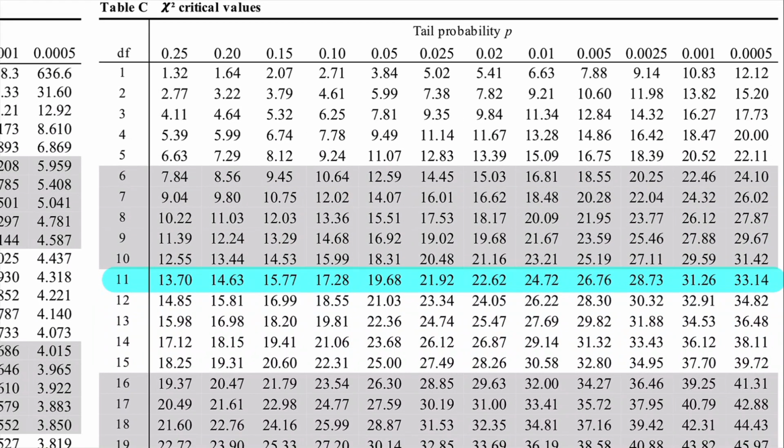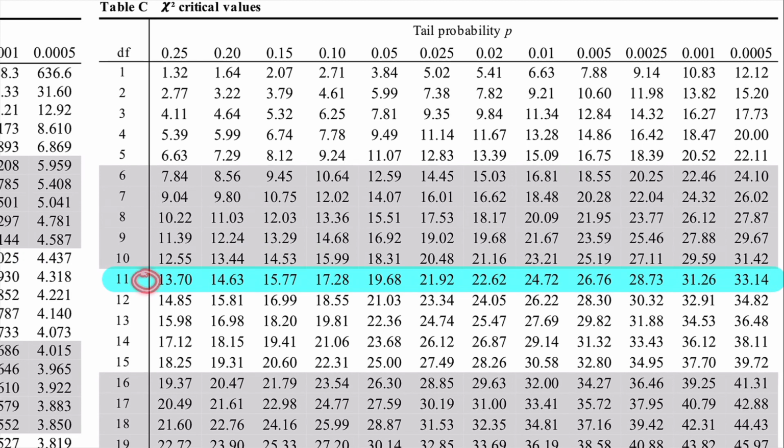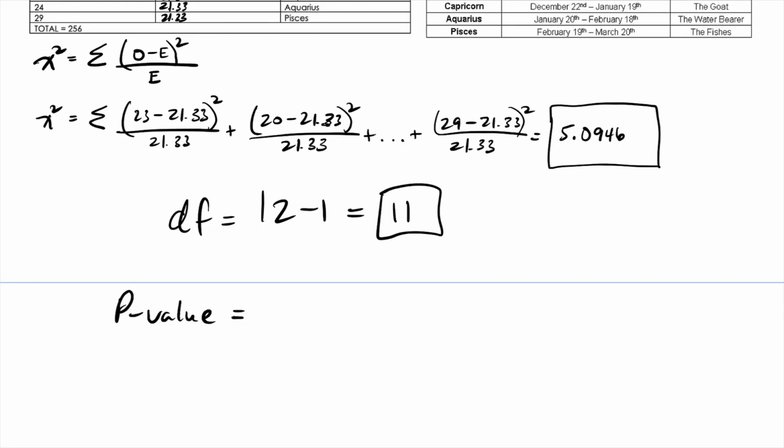It's going to be on the extreme left. It's lower than the last one that's extreme, so it's going to be even lower than this. A lower chi-square means a higher probability, though. So it's going to be greater than 25%. All right, so let's put greater than 25. Okay, there's the p-value.